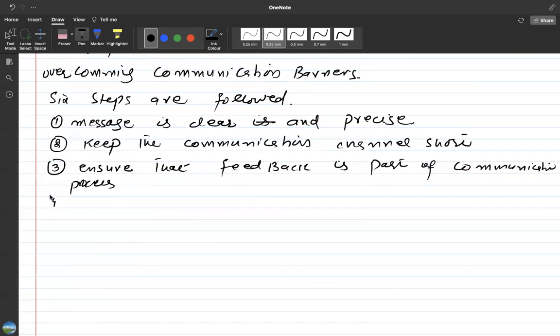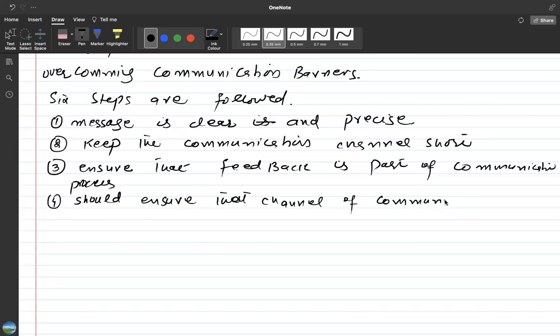Ensure that the channels of communication being used are well understood by the people involved. This becomes particularly important in today's IT world, when channels of communication are becoming more modern and more IT equipped.